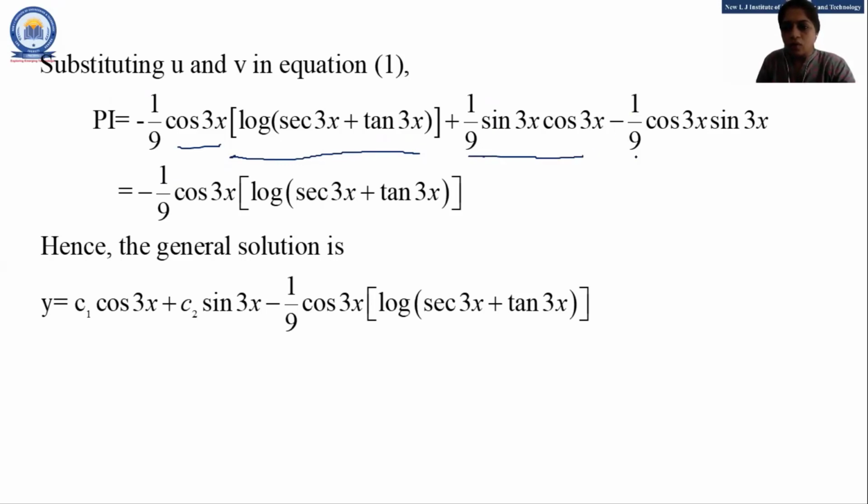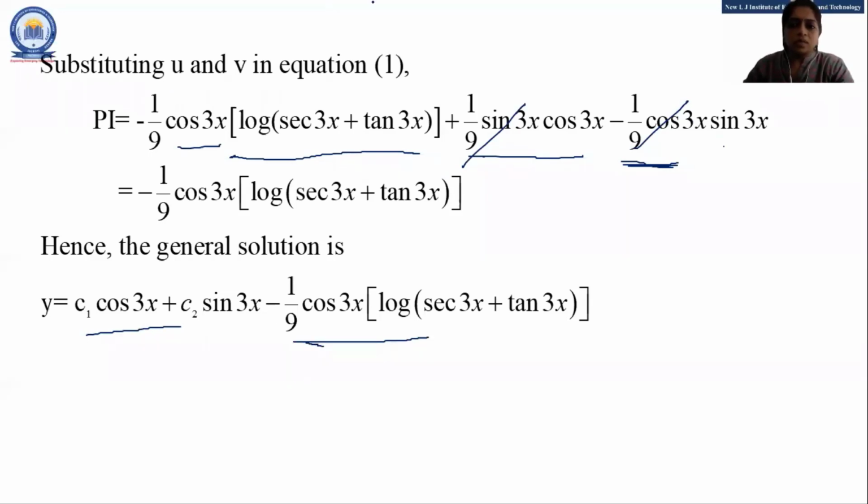This is the value of v into sin 3x. After simplification, both terms will cancel, and the particular integral is minus 1 by 9 cos 3x log sec 3x plus tan 3x. Hence, the general solution is the complementary function plus this particular integral.